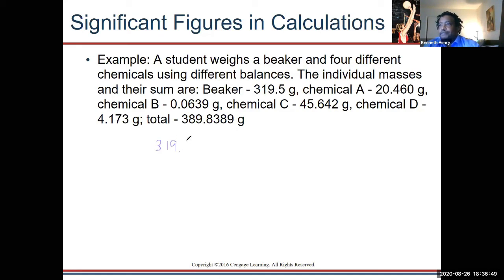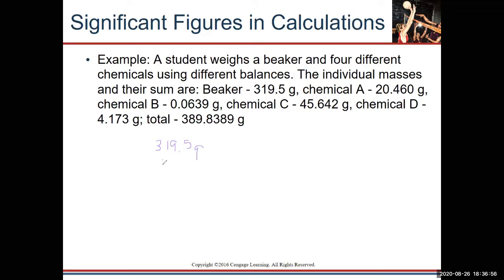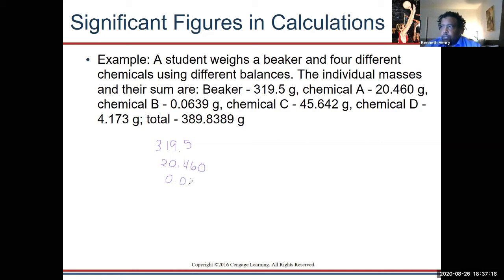All we have to do is write down the problem, right? 0.0639, and 45.642, and 4.173.